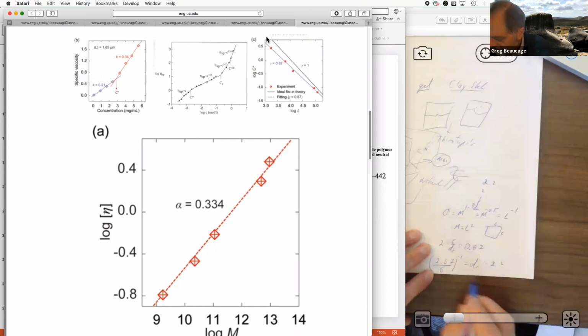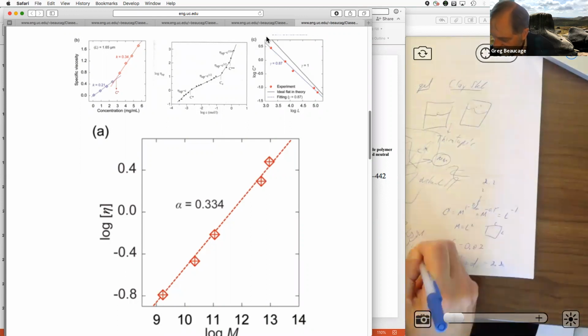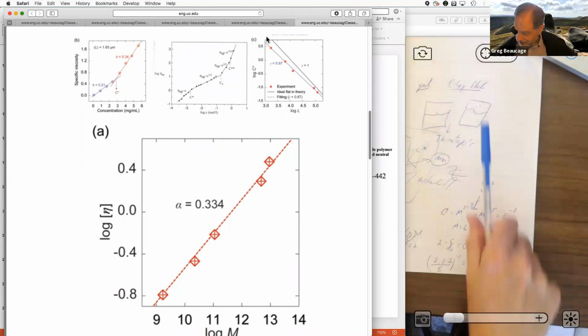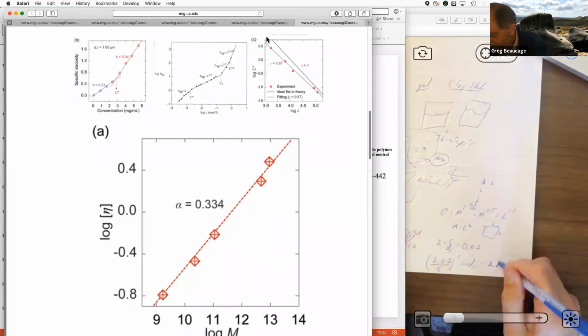Which means that you started with a sheet, df was 2. The only way to get, if you're not going to put branches in, is to crumple it up. So df equals 2.2, and his theoretical thing is 2.5. Let me see what that number actually is. 2.1. This is 2.1. Right.